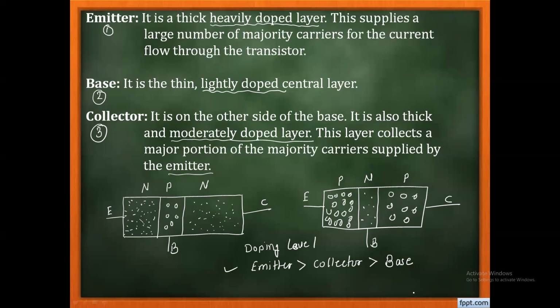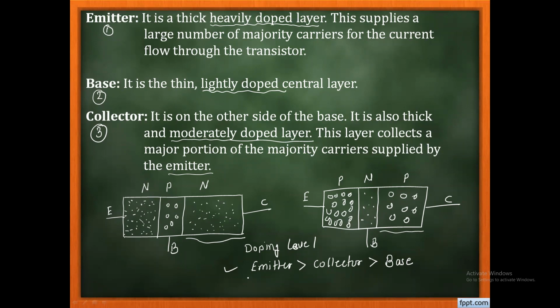Get it my point? Yes, okay, sir. And then another point is that, have you noticed both the diagrams, which region's physical size is greater? If you observe the physical size of the collector region, I have purposefully shown it greater as compared to the remaining two regions.